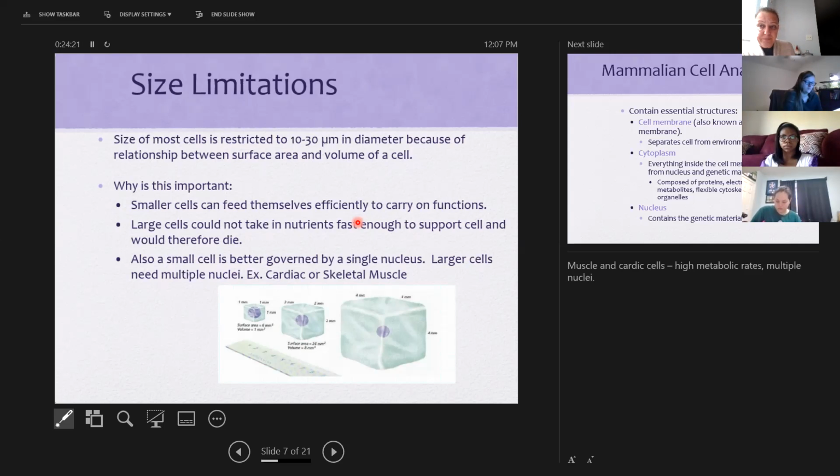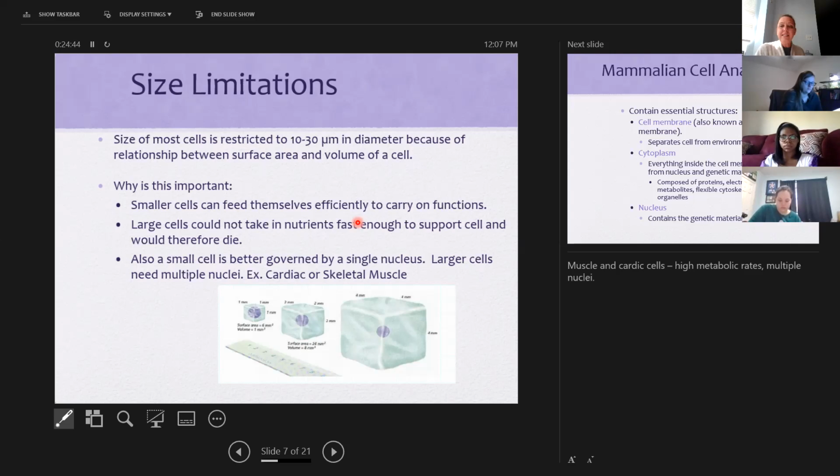Now, can we have cells that have more than one nucleus? Of course we can. Your cardiac cells, your muscle cells, some of your nervous cells, they all have multiple nuclei, more than one brain to govern them.